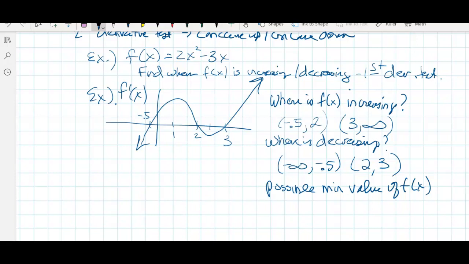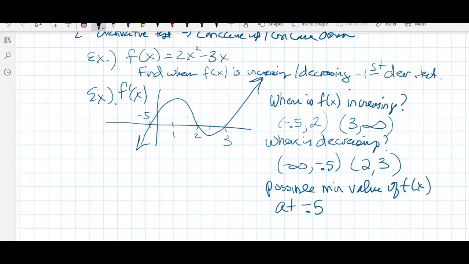For there to be a minimum value in your original function, the derivative has to go from decreasing to increasing. So where does it go from decreasing to increasing? At negative 0.5, right? So there's a possible minimum value at, you don't know what that minimum value is. You just know it's possibly at negative 0.5.